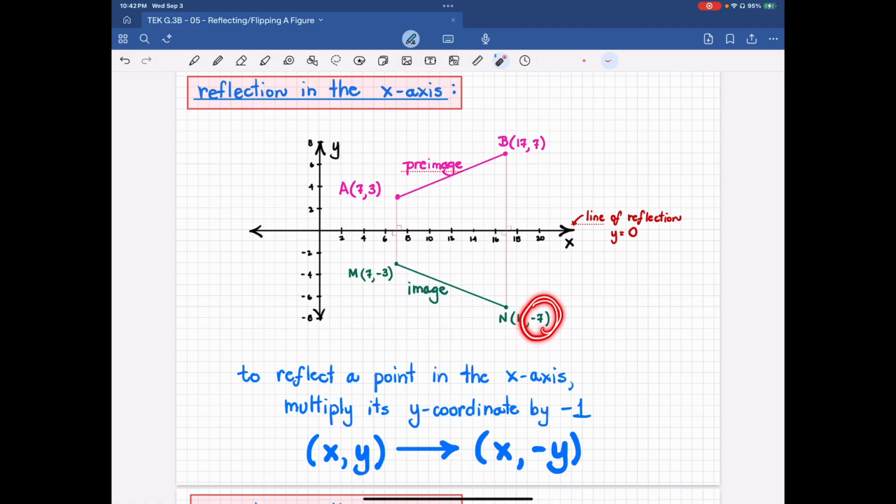If I multiply a negative 7 times a negative 1, bingo, it brings us up here to positive 7. So notice how the formula works. If you're reflecting something in the x-axis, it is so easy. All you do is change the sign of that y coordinate, and you found the new location for the reflected point.